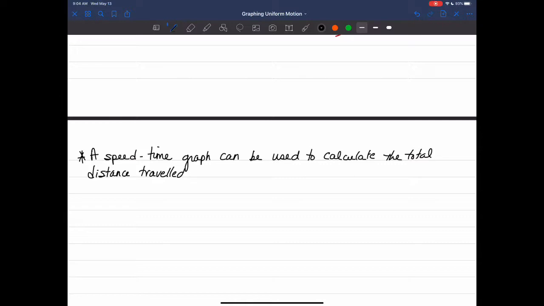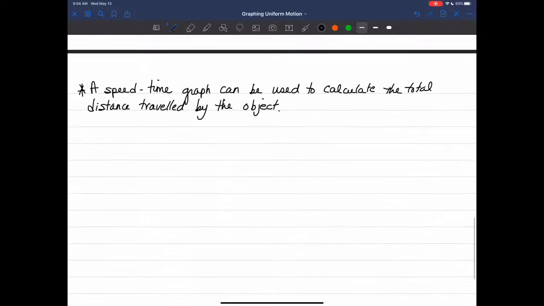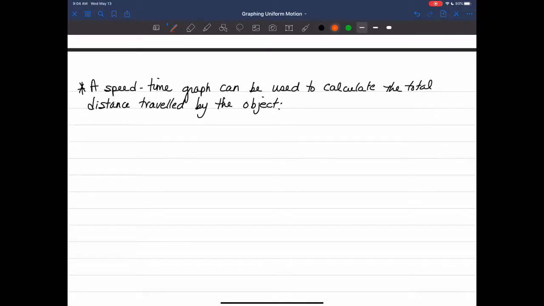So let's say that instead of distance and time, they just give us speed and time, and they say, can you calculate the distance traveled by the object? And so in order for us to do that, all you have to do is look at the area under the graph.